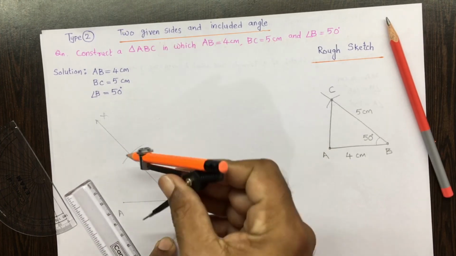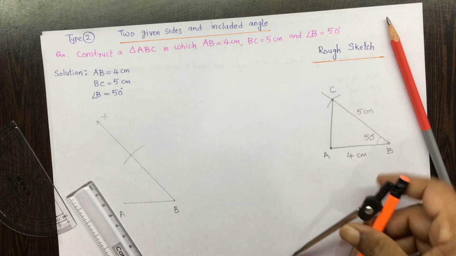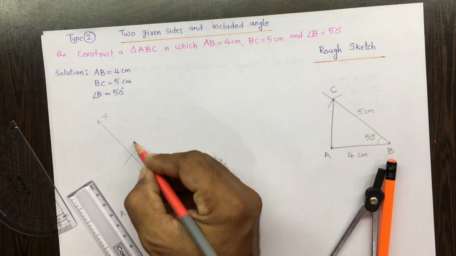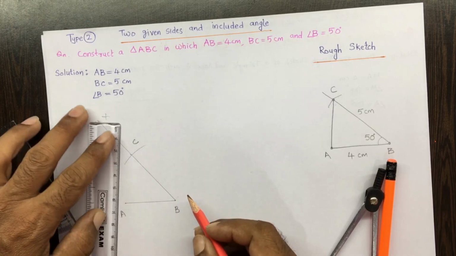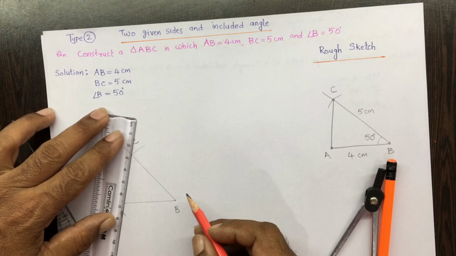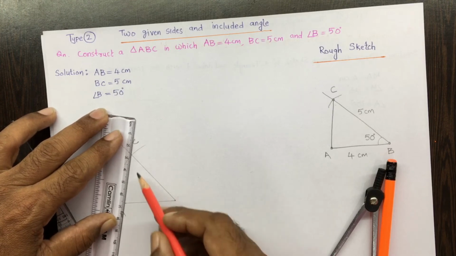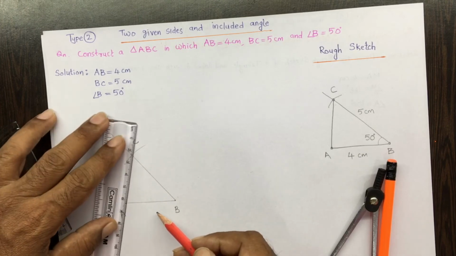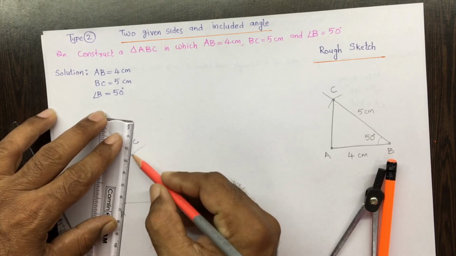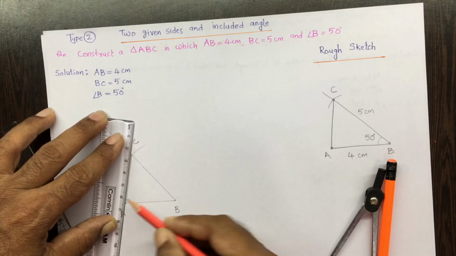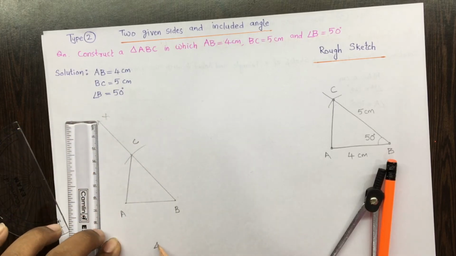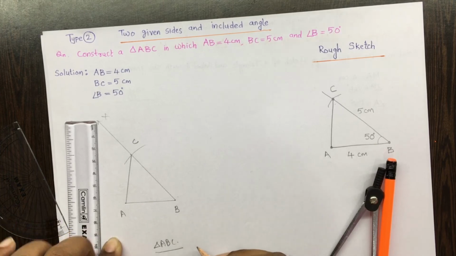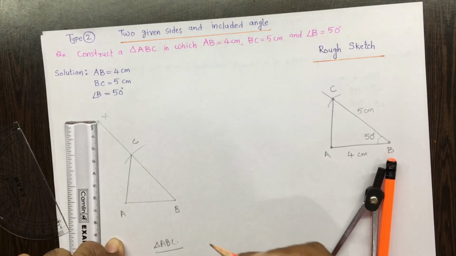Here it is cutting at a particular point, say that is C. Now, join AC. Then you get the triangle ABC, which is the required triangle with the given measurements.